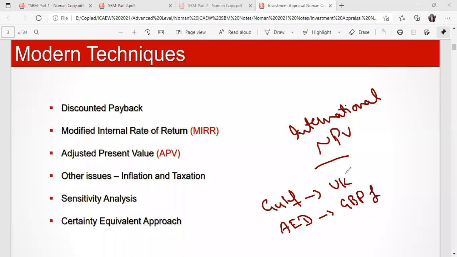Obviously, if your investor is an Arabic person, that person will be interested in how much I am earning or losing in my own currency. So what are your currency rules? What are your FX movements, and how can you convert GBP into AED? So we will discuss that in our international NPV method basically.